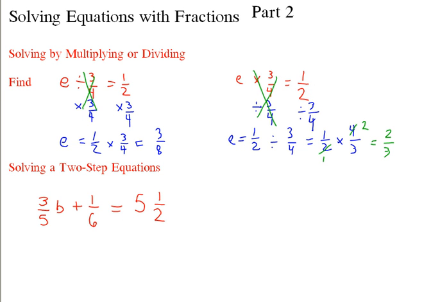Now this next one is a pretty complex problem, but it's the same method we've done before. This is 3/5 b plus 1/6 is equal to 5.5. The very first thing we need to do is get rid of that 1/6.